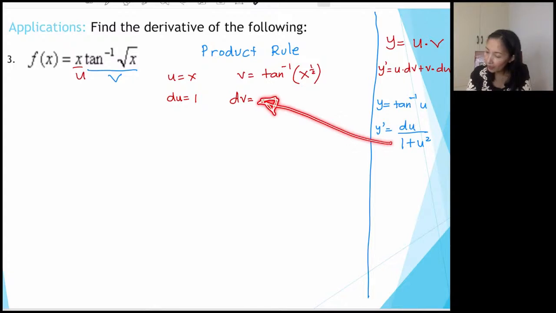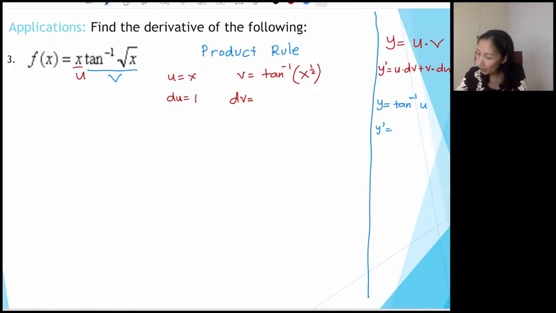Okay? To find dv, first we have to get, or maybe 1 minute. Let me, 1 over 1 plus u squared times du over dx.